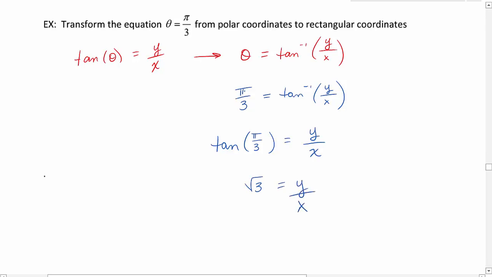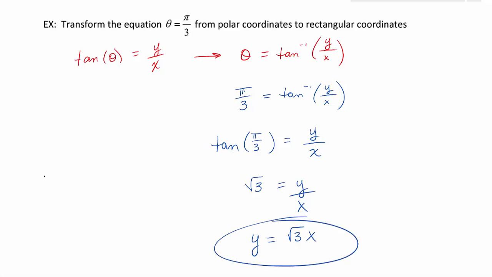And typically when we are in rectangular and everything's linear, we like it to be solved for y. So we'll multiply both sides by x and get y equals the square root of 3x. This is just a line, since everything's linear, a line with a slope of square root of 3.